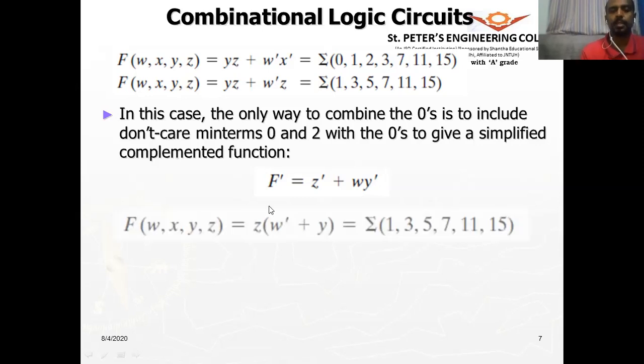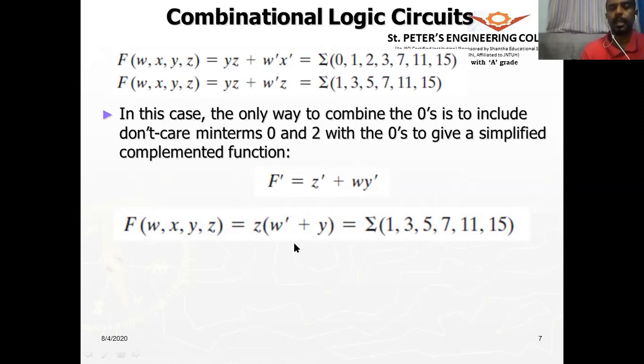Next, by taking the complement of this, we end up with Z and W complement or Y. So we got F complement by grouping all the zeros along with the don't care, simplified that, and then took the complement of F complement to obtain the POS form.